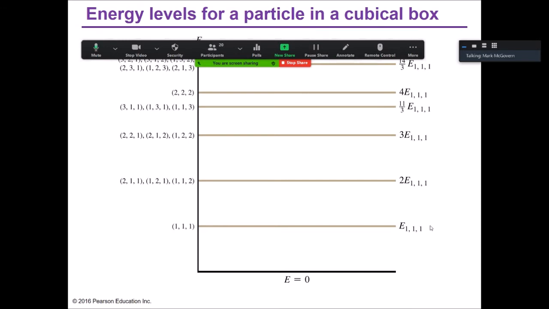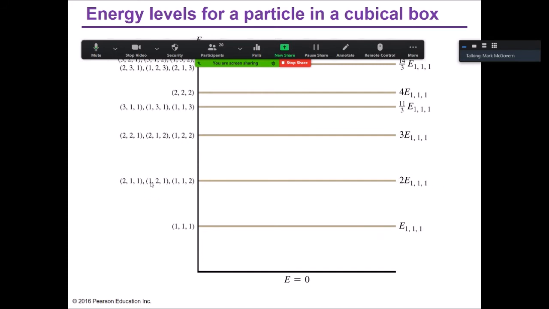And there's one unique state of that energy level. But quantum number for x being 2 or y being 2 or z being 2 results in the exact same amount of energy. Nothing's really different there because if you add up a bunch of ones that are squared, you get a 3. If you add up 2 squared plus 1 squared plus 1 squared, you get a 6. So that's exactly double the amount of energy.